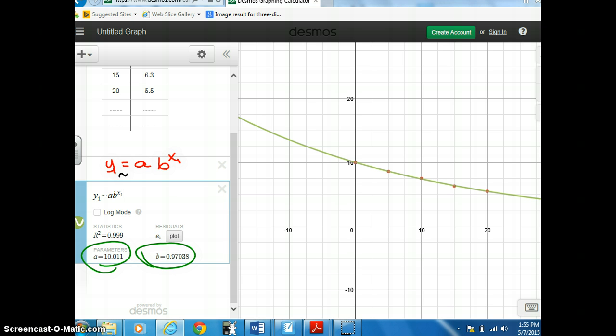So the equation of that exponential function is y equals 10.001 times b, which is 0.9703, to the x. That's the equation.